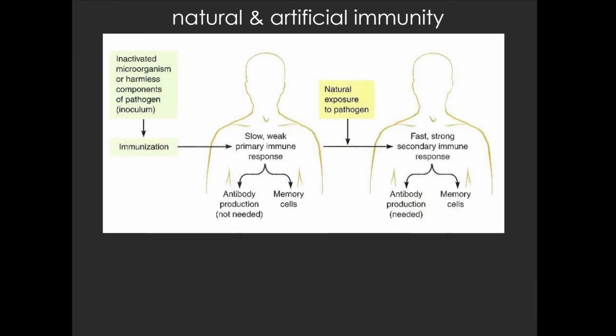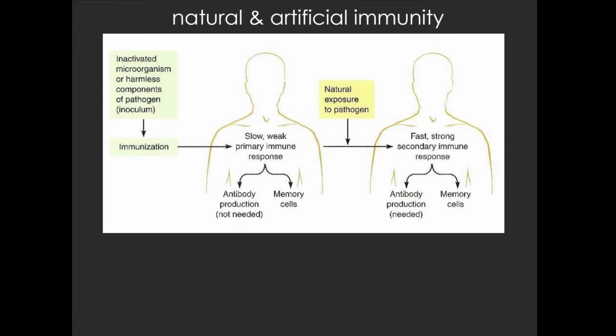We have learned that when you are initially exposed to a microorganism, you produce a slow, weak primary immune response. Slow because it takes at least a week to come on board, and weak because it doesn't produce a lot of antibodies compared to the amount produced when you are exposed to that pathogen again.